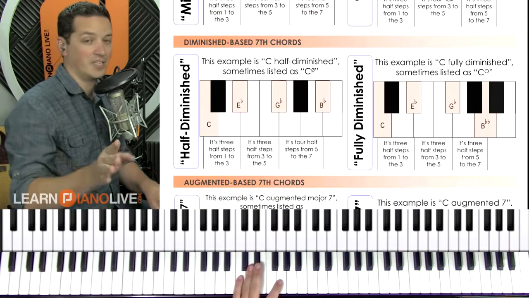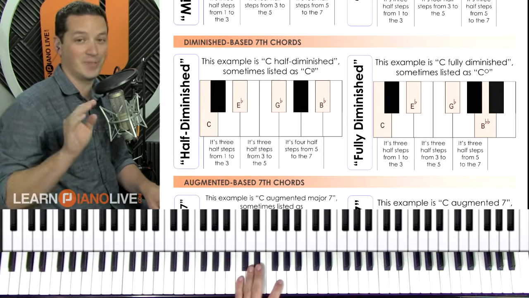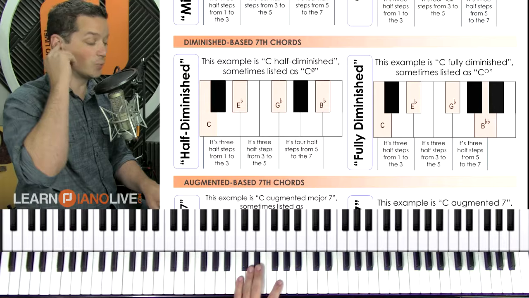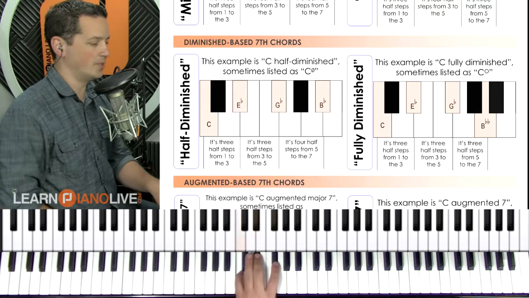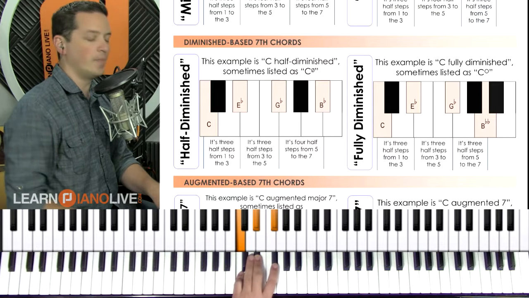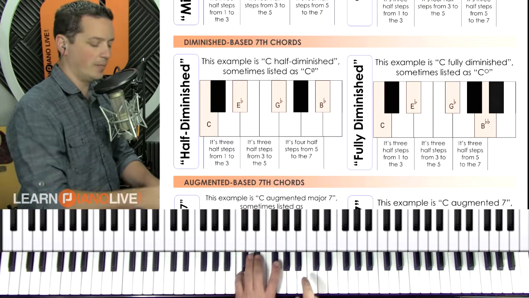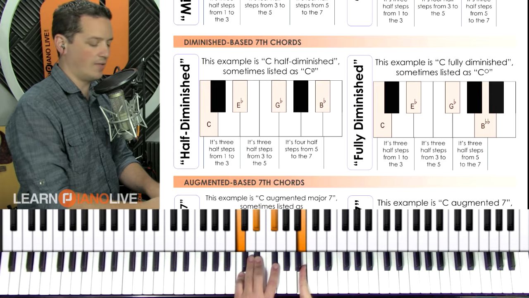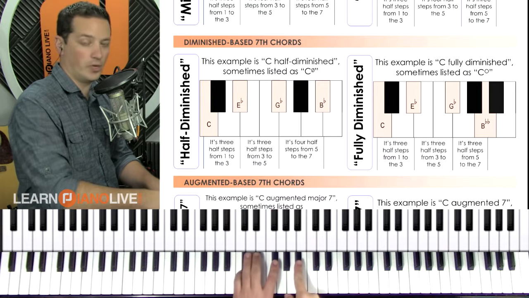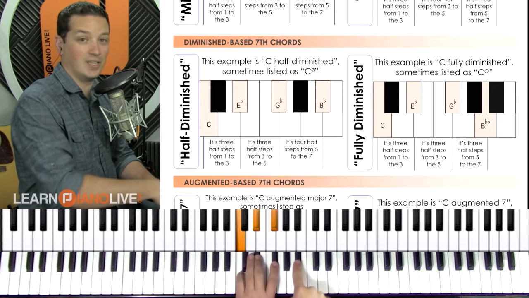And if you thought the diminished and augmented chords were weird before, once we start throwing these 7s on here, now it gets really crazy. So the diminished chords, this is a C diminished chord. I told you before there are 2 types of 7s. There's actually 3. So there's a major 7 like that one right there. But what we're going to use for the diminished chords is the lowered 7.